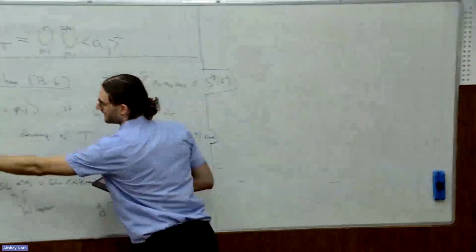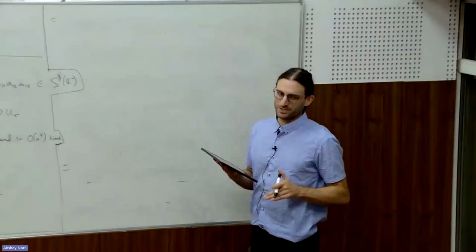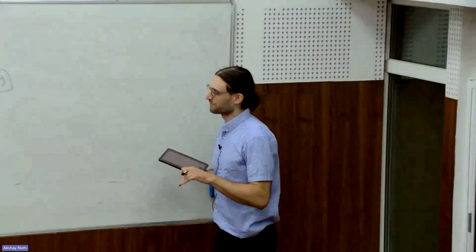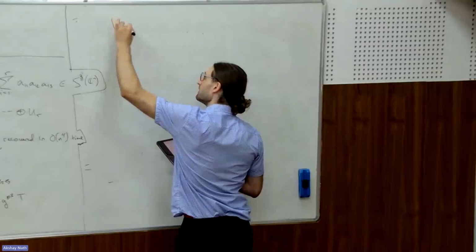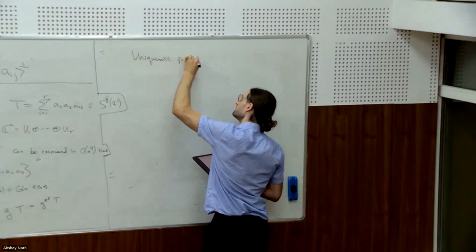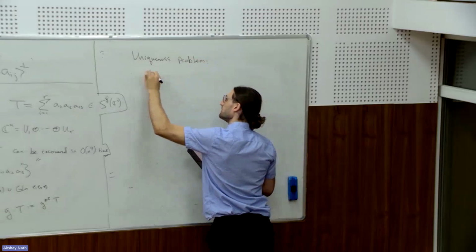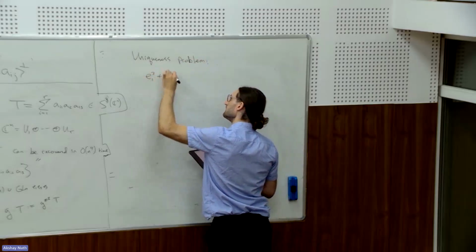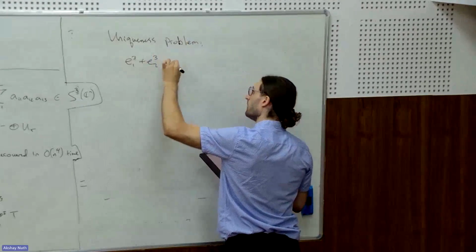I emphasized A here because this decomposition may not be unique in this case. So here's the problem. If you take E1 cubed plus E2 cubed, this actually has Chow rank 1.